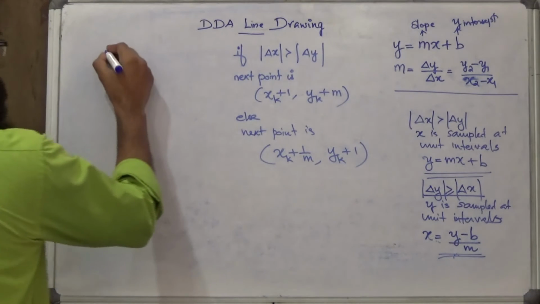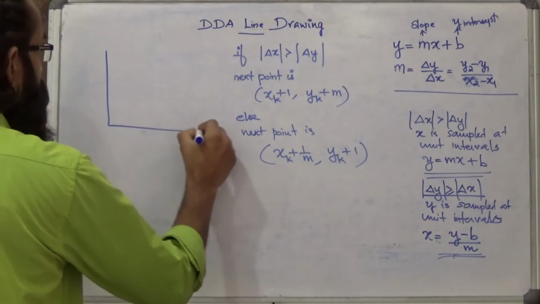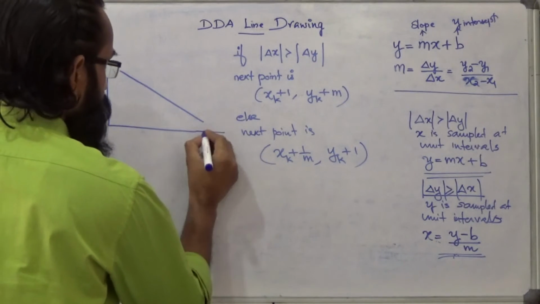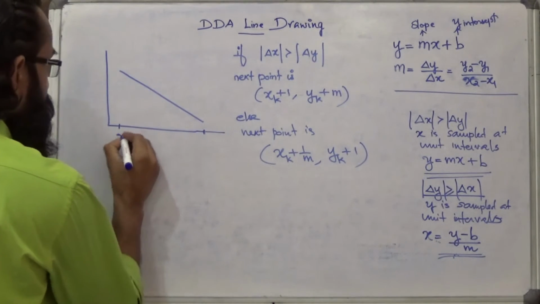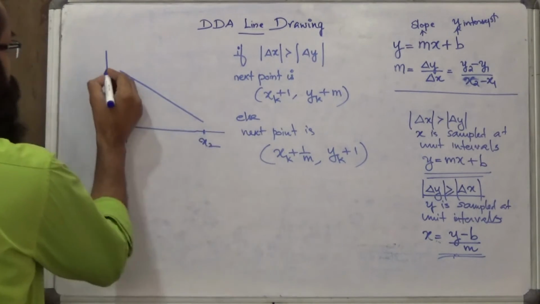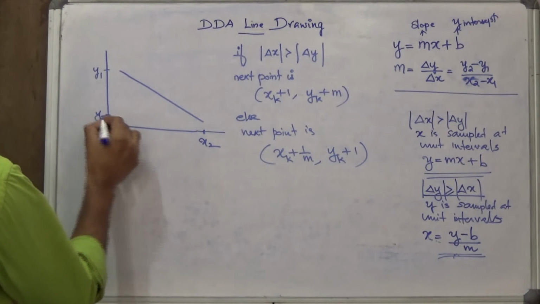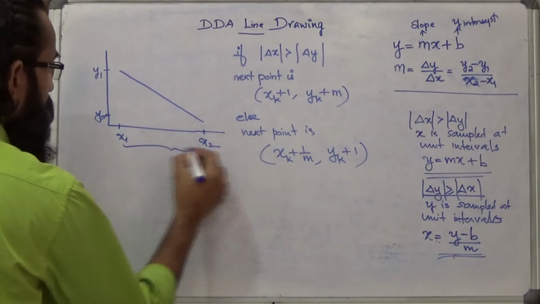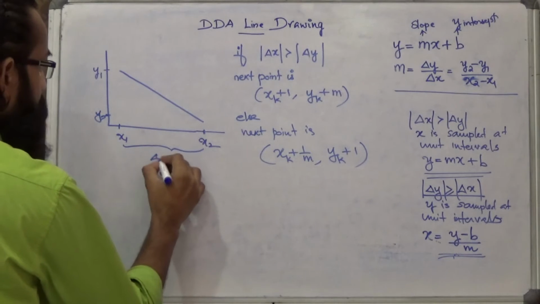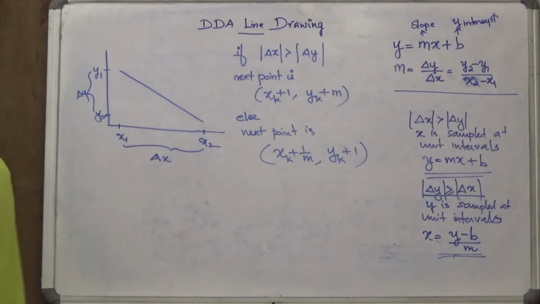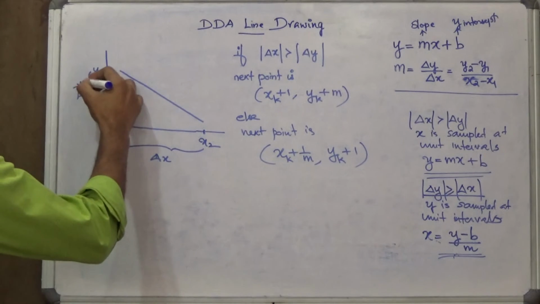Now let us consider a line with negative slope like this. So this is x1, this is x2, this point is y1, this point is y2, and it is clear that this is delta x and this is delta y.